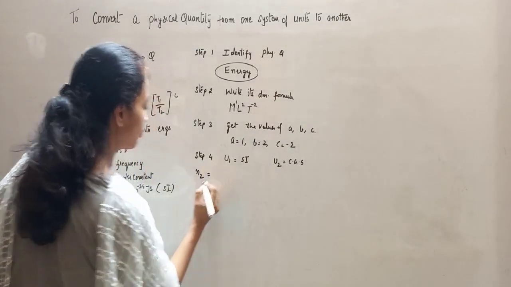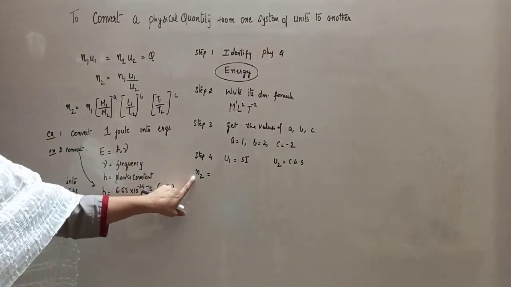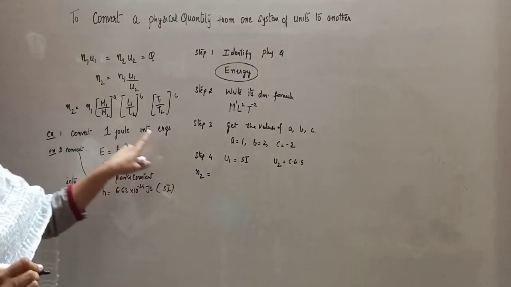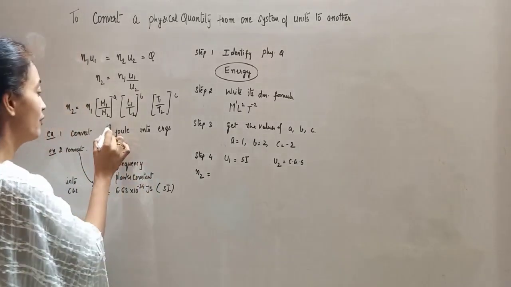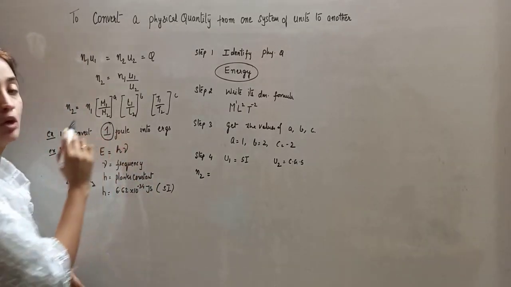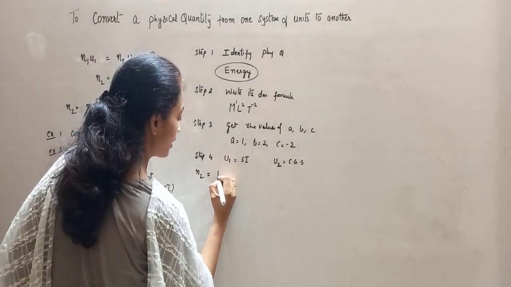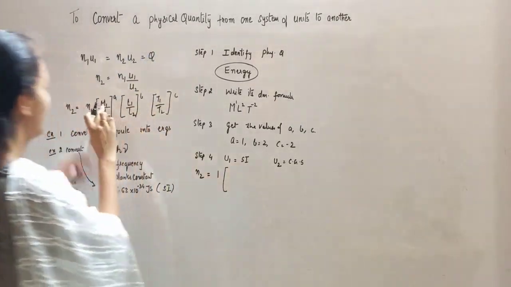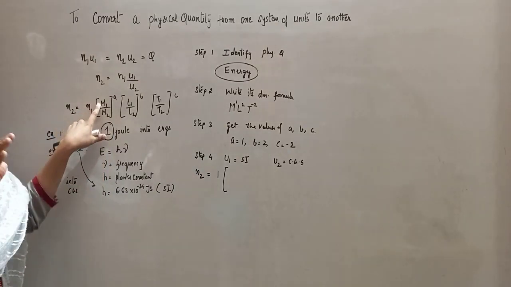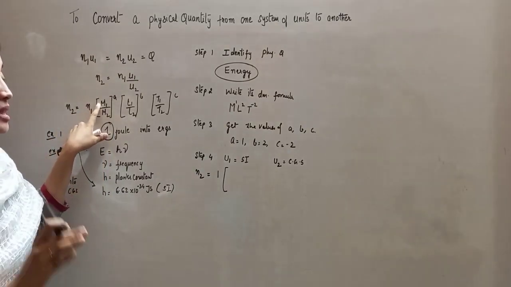N2 will be equal to the numerical value in second units. N2 will be equal to N1. What is the numerical value given in the first unit? The numerical value given in the first unit is 1. So I'll write 1 in place of N1. Then M1, what is the mass? How is it represented in the SI system?